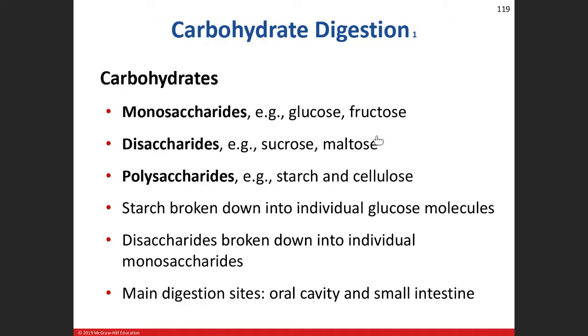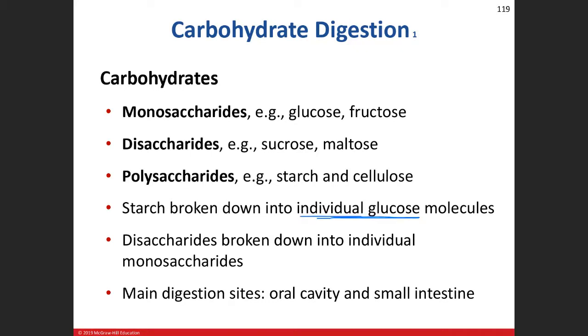Ideally, the whole point of this, and I hope you understand this concept being in the digestive chapter, is that we're taking stuff that's big and breaking it down into something that's really small. We call that catabolism. We start with the big whatever, and we break it down into smaller whatevers. So that's what we're going to see here. Starch is a polysaccharide, so it's a pretty big structure. We're ideally going to break it down into individual glucose molecules.